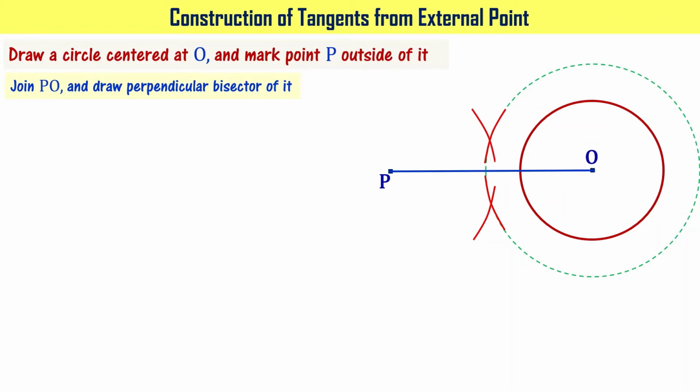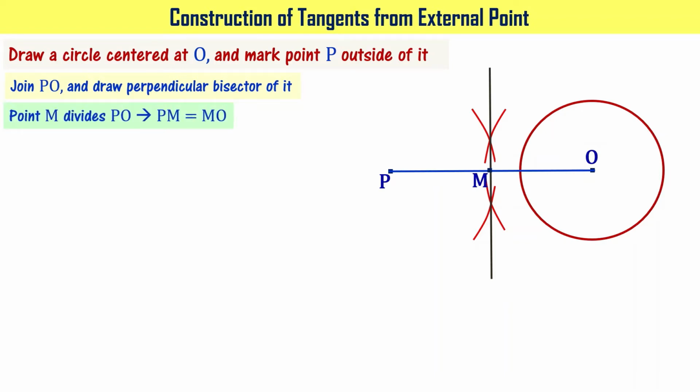You have to adjust your compass settings such that the pair of arcs you draw are going to intersect the way we have shown here. Now, let me draw a line passing through the points of intersection that is intersecting the line OP at point M, right?